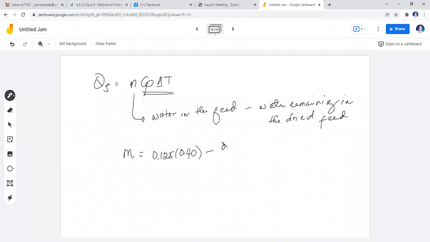So what happened to this? 0.00395. So your mass here for Q will be our mass for the water evaporated. 0.0461.